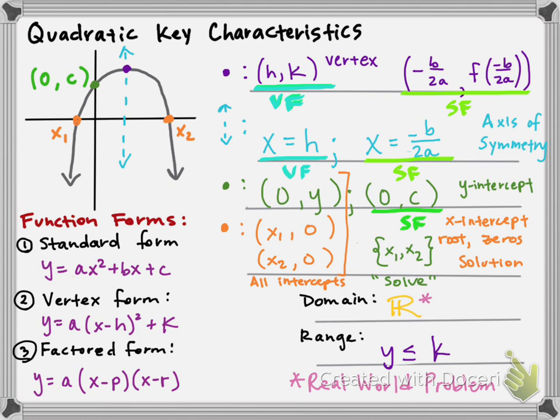Domain for all graphs, unless we're talking real-world problems for parabolas, are going to be all real numbers. In this case, for this example, my range is going to be y is less than or equal to that k value, the maximum value. And then on the left, underneath the graphs, you'll notice that there's function form, standard form, vertex form, and factored form.